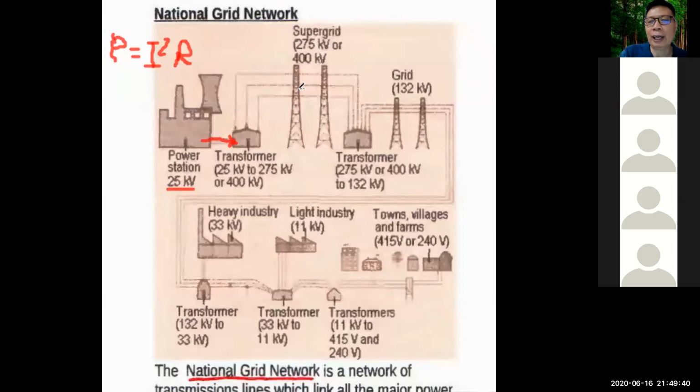They use an underground cable, from the power station use a transformer, step up and send to here. Then here there is one central control center, which is located in a top secret place in Malaysia. They don't let you know. There's a control center to manage this high cable.